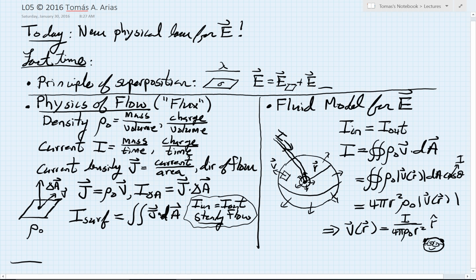The second thing we did was build upon all of this physics of flow to construct a mechanical model of the electric field from a point charge. What makes this very exciting is that if this model works for a point charge, then because the specific kinds of flows we are studying obey the principle of superposition, and any electric field can be constructed by superposition from tiny little point charges, this fluid model will work for any type of charge distribution.